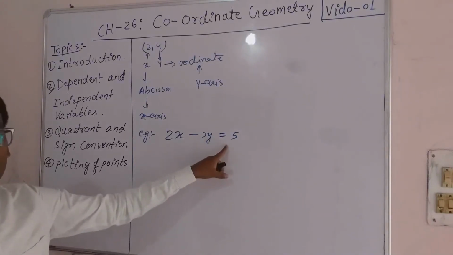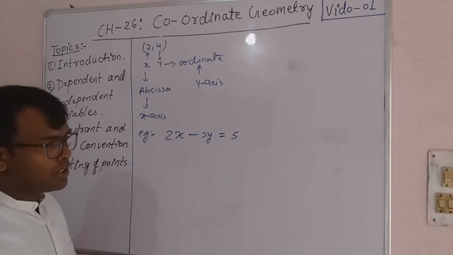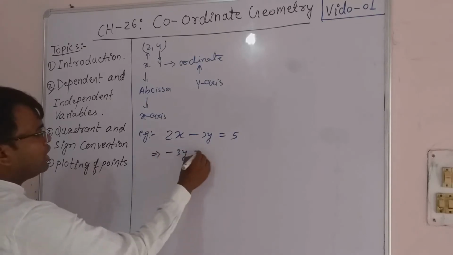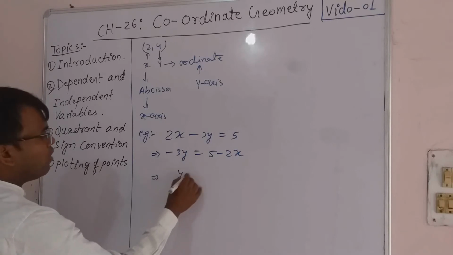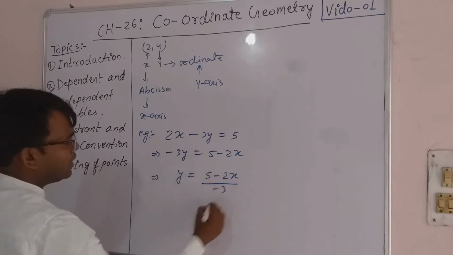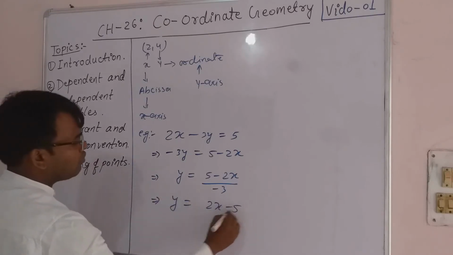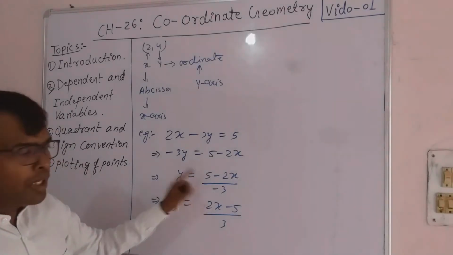You can solve for either x or y. Suppose I am going to solve for y. So you may write minus 3y equal to 5 minus 2x, or you can write y equal to (5 minus 2x) divided by minus 3. Or y equal to (2x minus 5) divided by 3, after taking minus 1 common in the numerator.